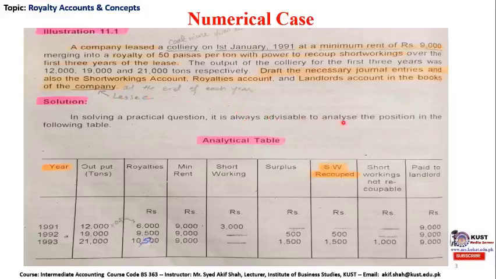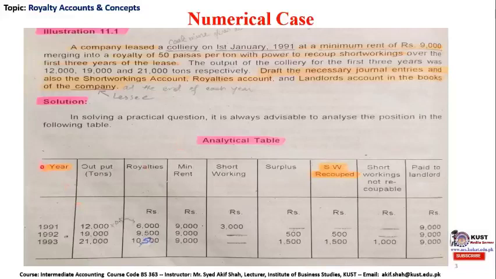It is always advisable to analyze the situation given in the numerical illustration in the following analytical table. This analytical table helps the student or the solver to journalize the entries in the books of lessee's account easily.